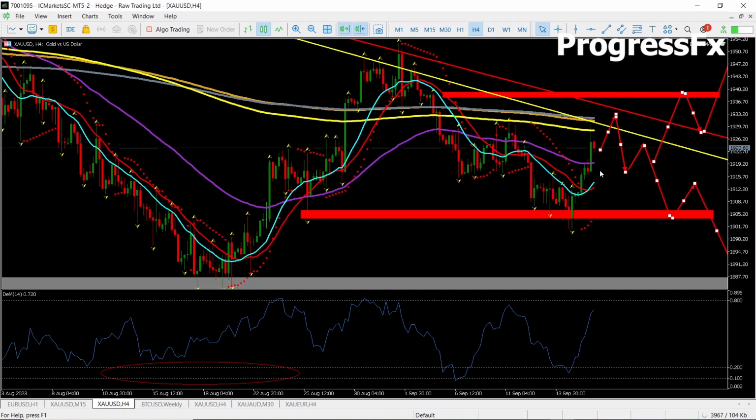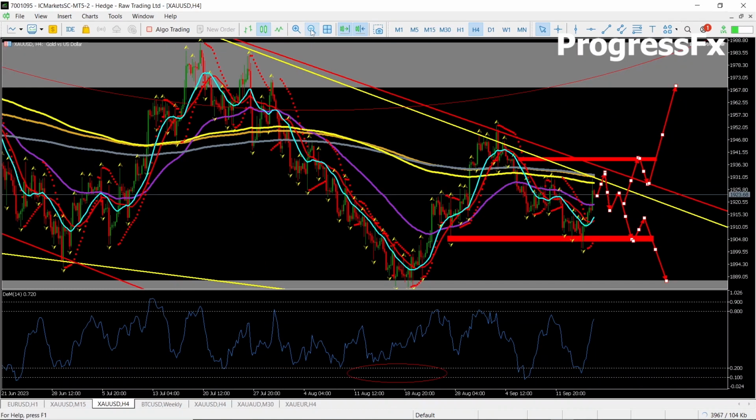But should the monthly candlestick try to show a bullish signal, then you should expect that the price is going to get to above 1950 area. But for now, I am seeing a sideways movement in the market, and that sideways movement is likely because of what happened here. It's likely to start trading between 1920 and 1950 area.